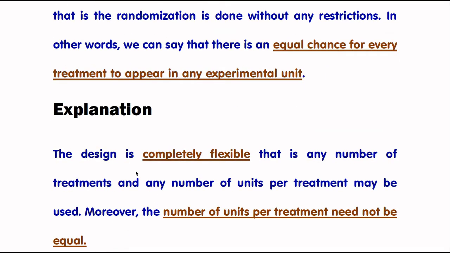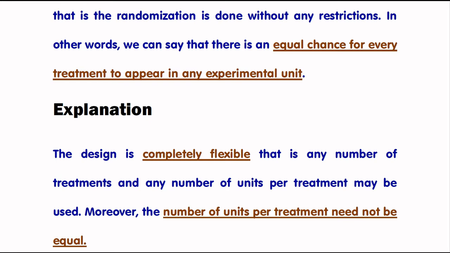Explanation. This design is flexible because every experimental unit has an equal chance of receiving any treatment. For this reason, we say this design is completely flexible, and any number of treatments and any number of units per treatment may be used.